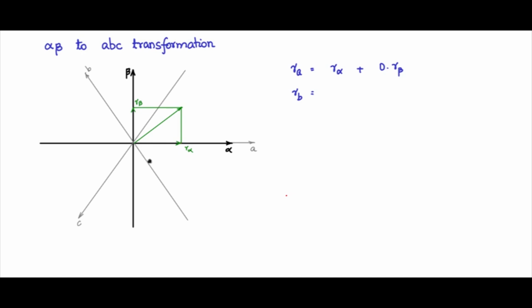Now this component here, as I am showing with the cursor, will be the component contributed by R alpha through its projection onto the B axis. It is falling on the negative portion of the B axis. Now this angle is 60 degrees.